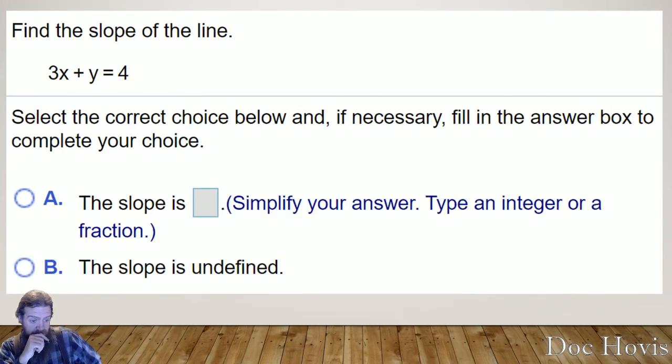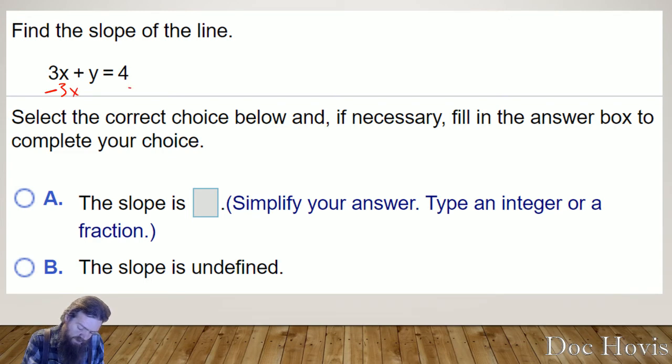Find the slope of the line. What we're going to do here is put it in that y equals mx plus b format. We have to have y all by itself and everything else over to the other side. So we're going to subtract 3x from both sides.